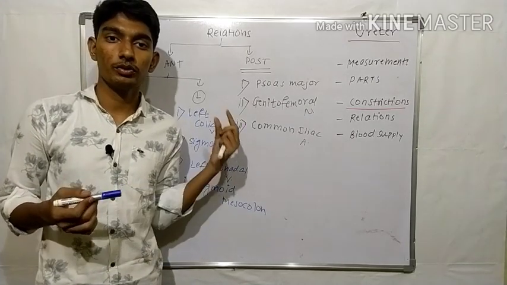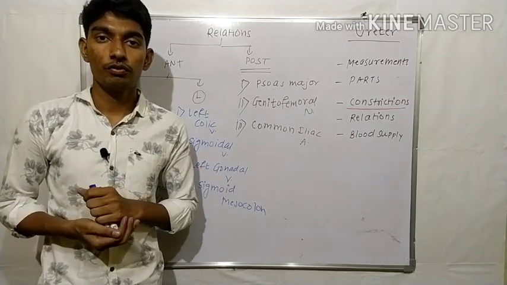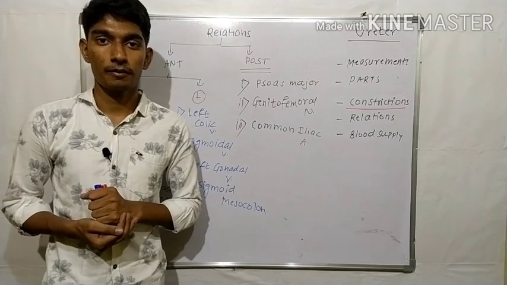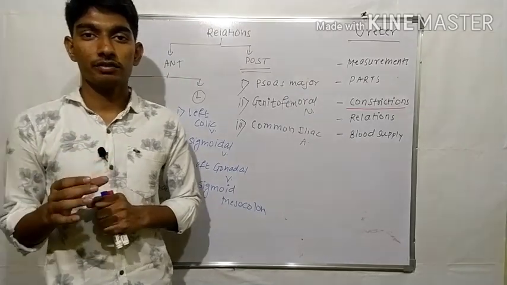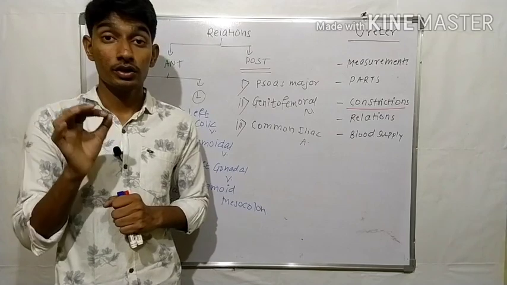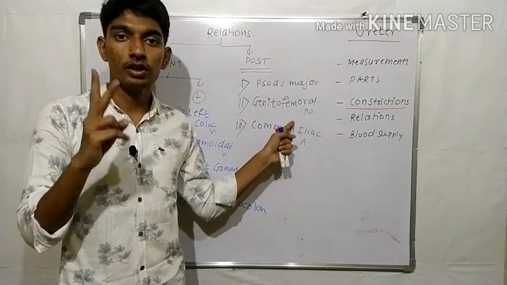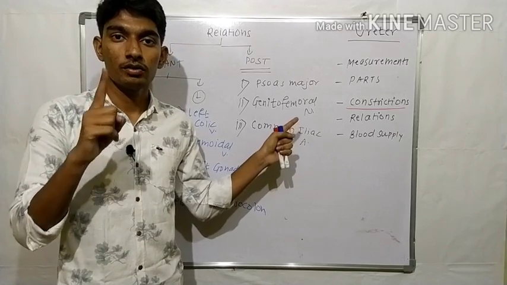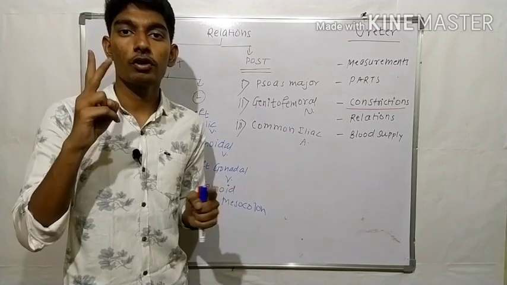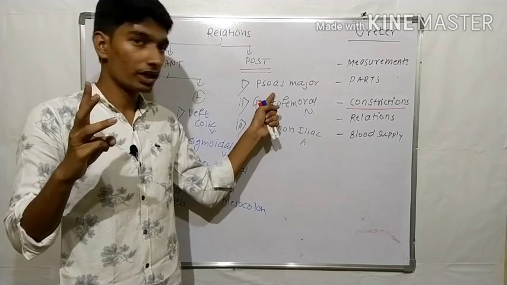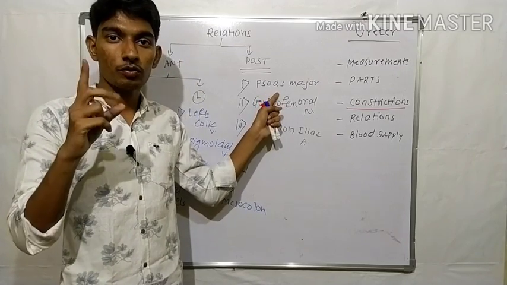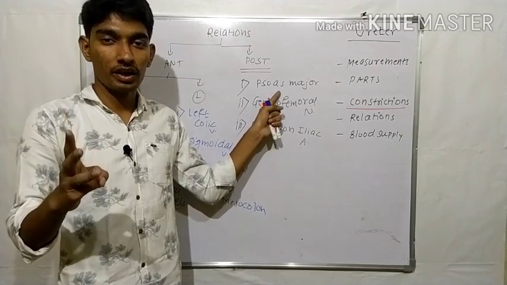This is all about the relations of ureter, anterior and posterior. Posterior relations: psoas major muscle, one nerve, genitofemoral nerve, one artery, common iliac artery.